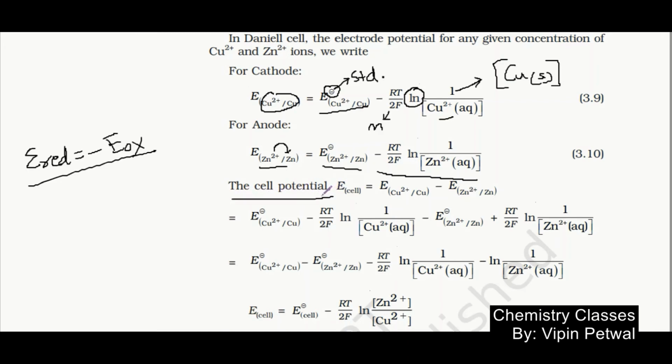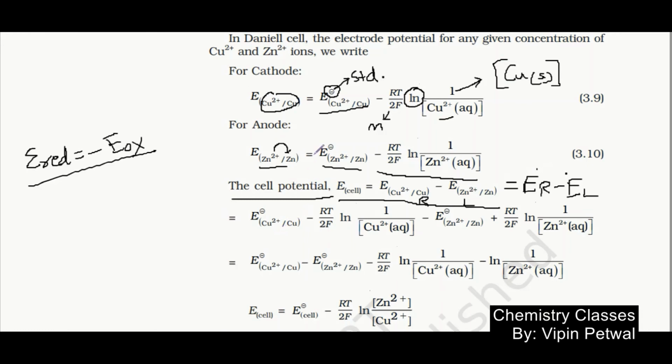Okay, now next thing is the cell potential. How do we determine this? Simply, we have already discussed this. E cell equals ER minus EL. Copper half cell is right and the zinc half cell is left. This can also be written as E right minus E left. Okay, and these two electrode potentials are reduction electrode potentials.